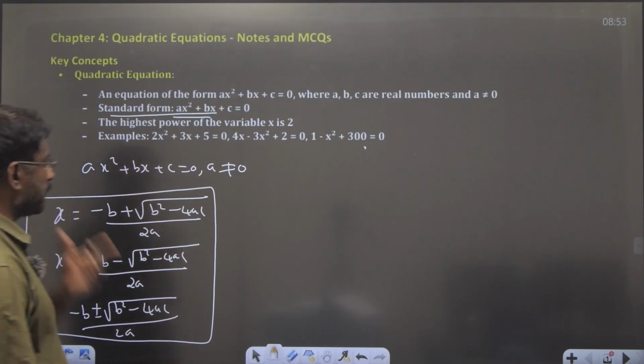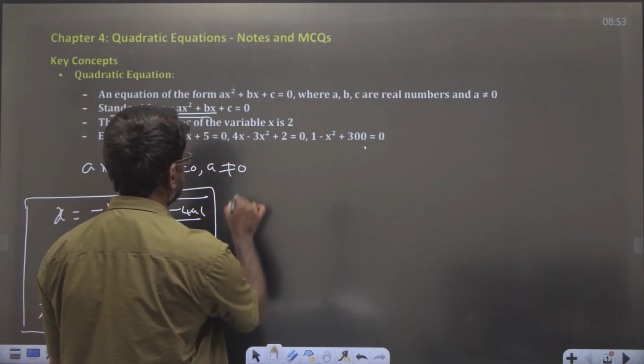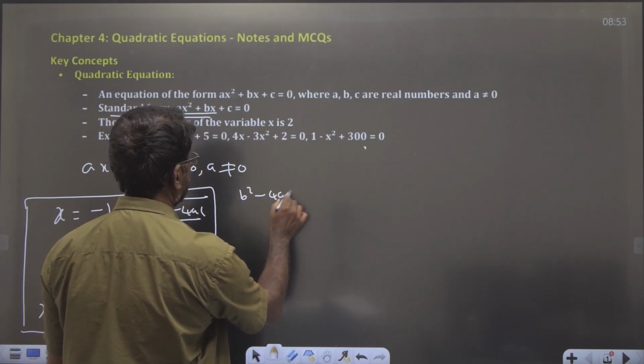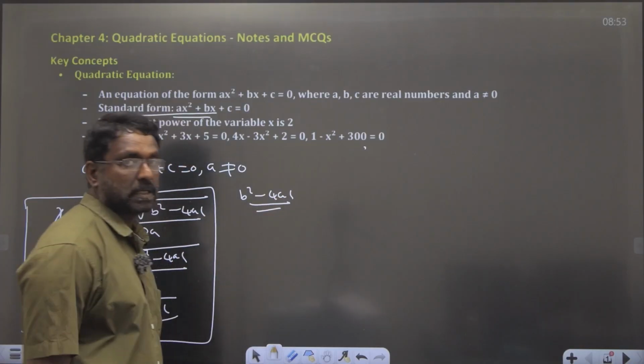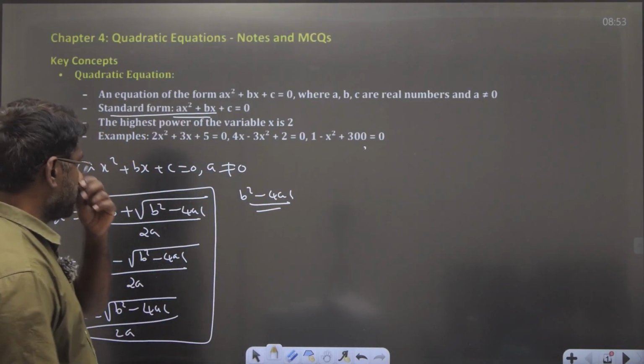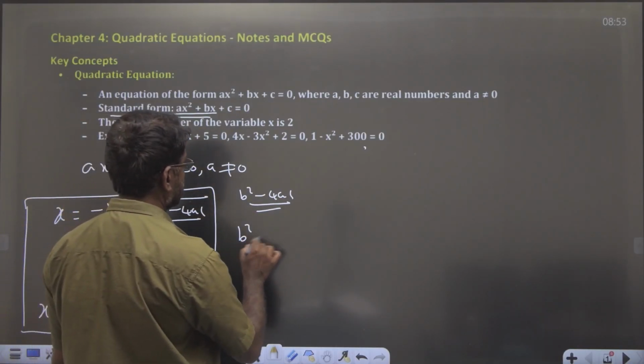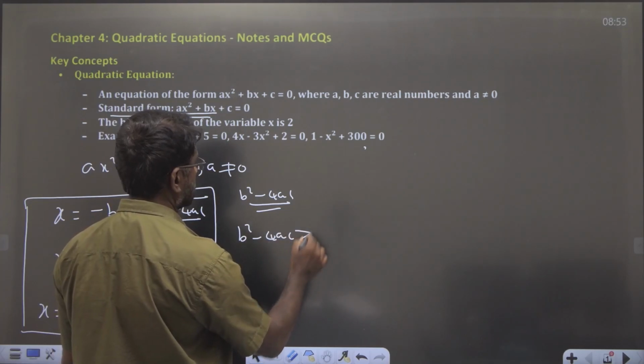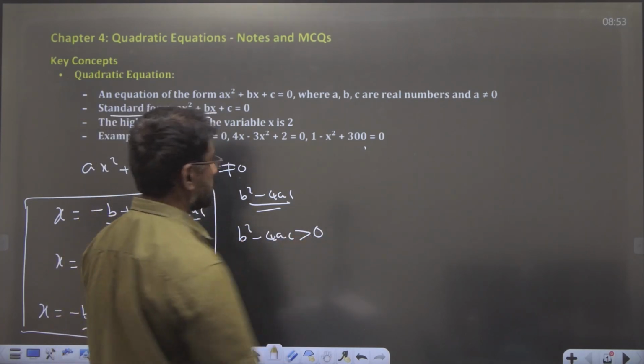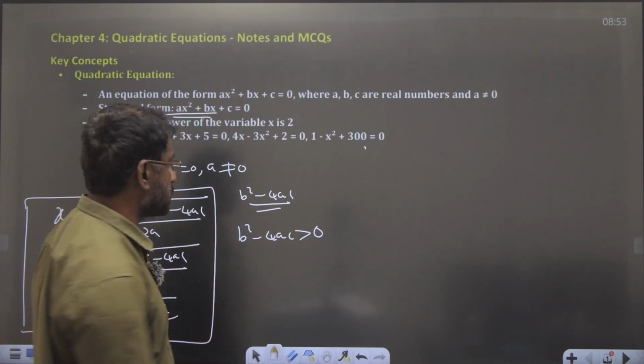Here b square minus 4ac is called the discriminant of the quadratic equation. If b square minus 4ac is greater than 0, there exist two distinct real roots.